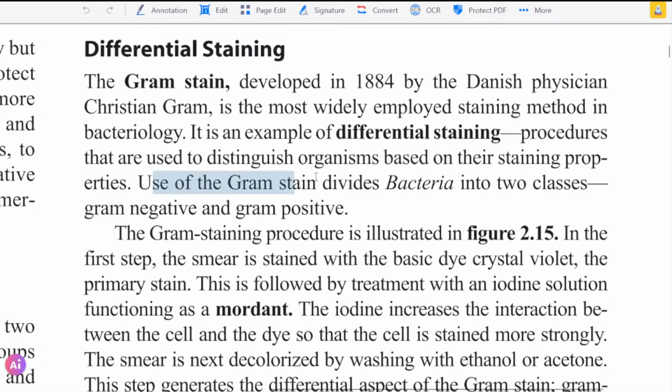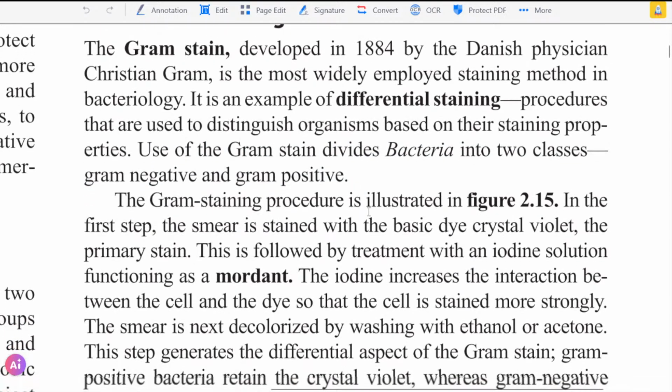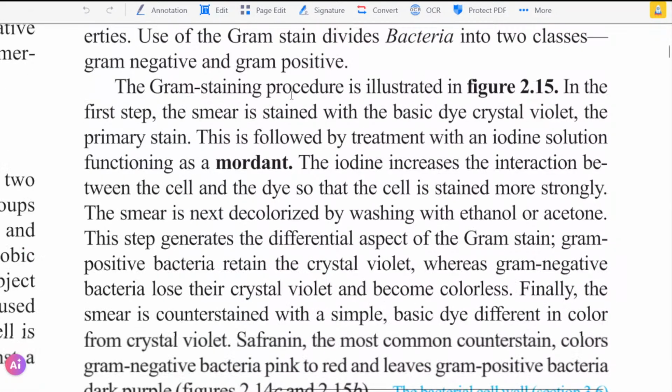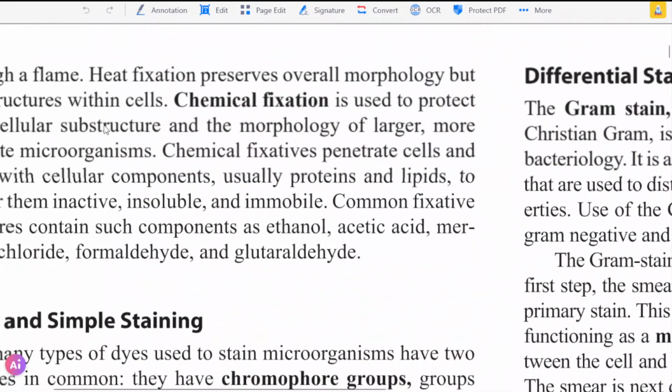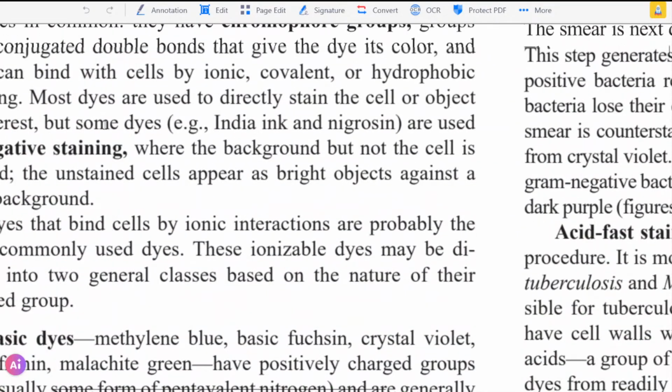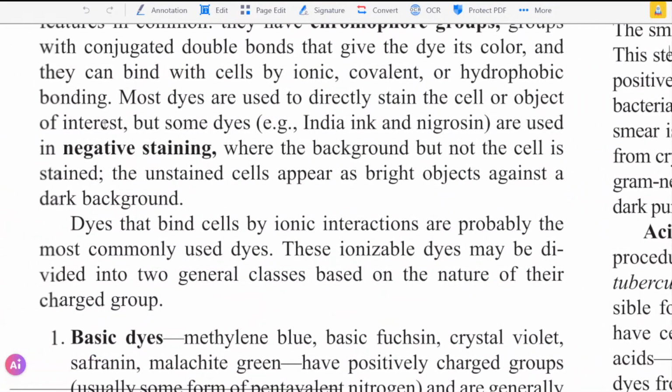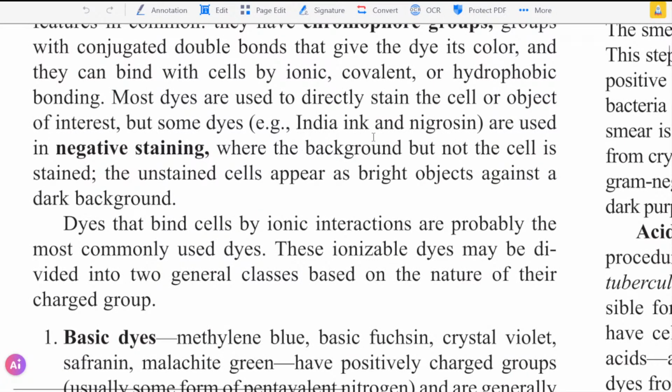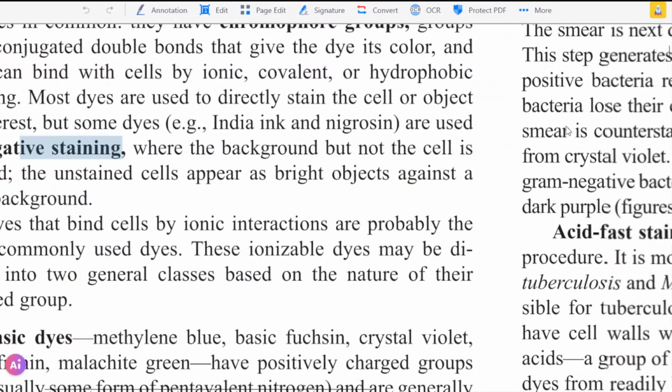Gram staining divides bacteria into two classes, gram negative and gram positive, and as I said, it's because of the cell wall. Here they talked about negative staining, where the background but not the cell is stained. That is not the gram negative we are talking about here.